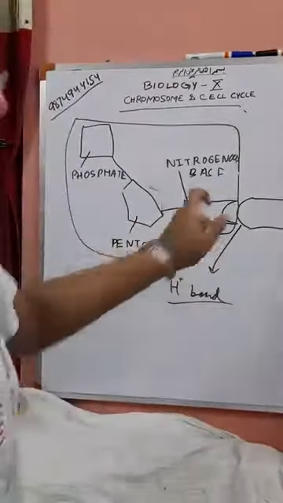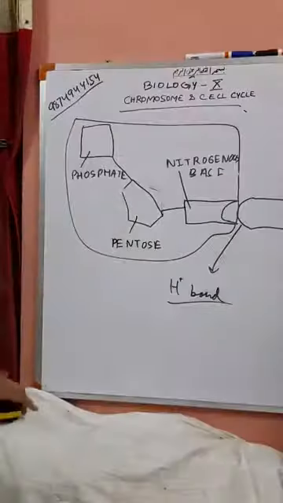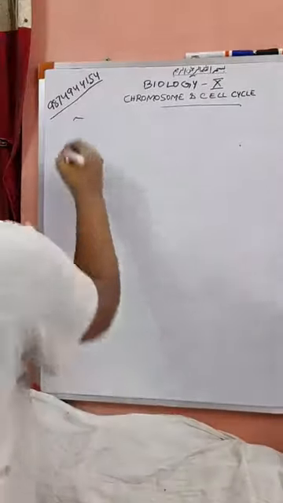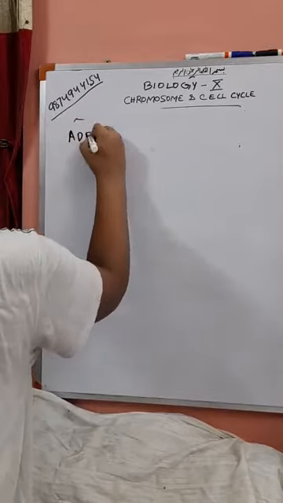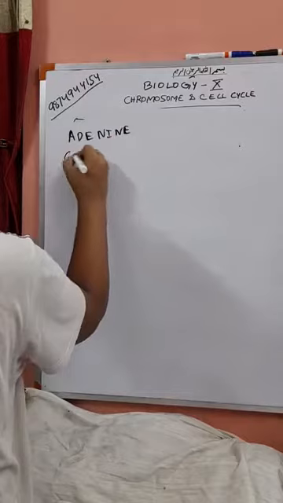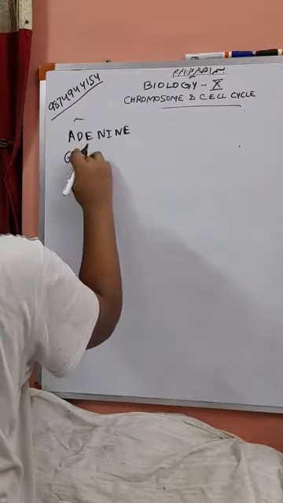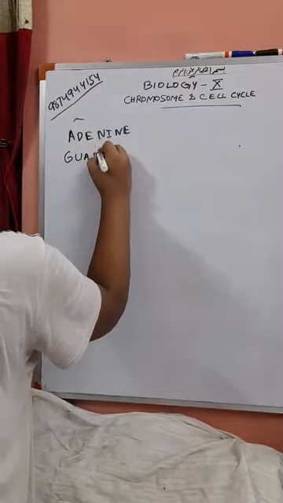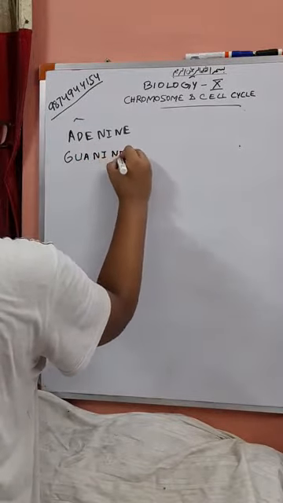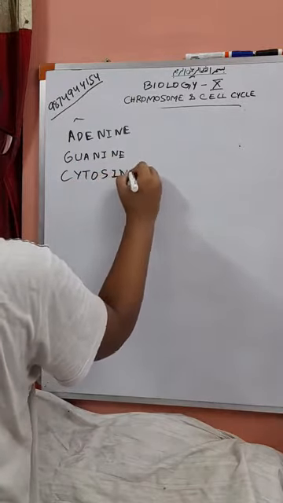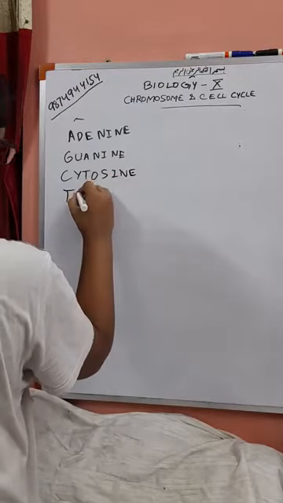Now, coming down to the nitrogenous bases. They are of 4 types in DNA. One is adenine, guanine, cytosine, thymine.